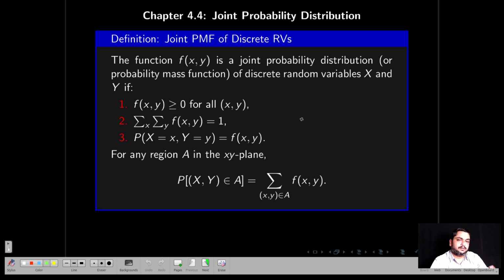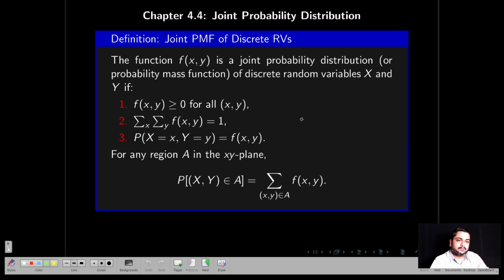For example, if you take machine learning algorithms to predict something, you'll have a lot of features in it. They are sometimes dependent, sometimes not dependent, and there are also multivariate, that means multivariable distributions. So if there are two random variables, then the distribution that we get from these two or more random variables is called joint probability distribution.